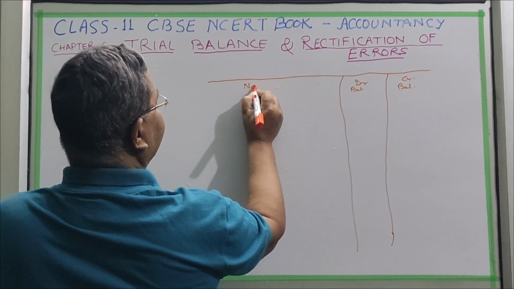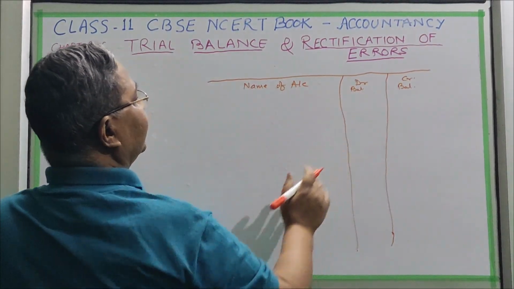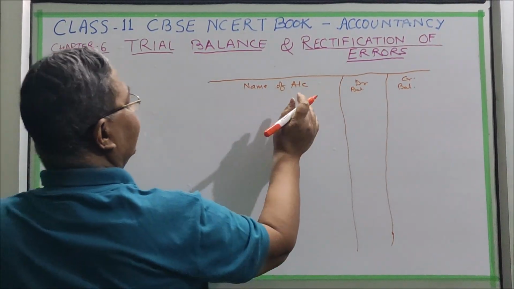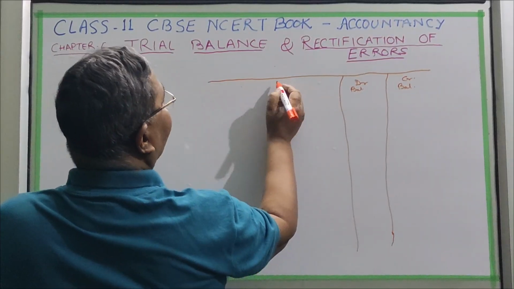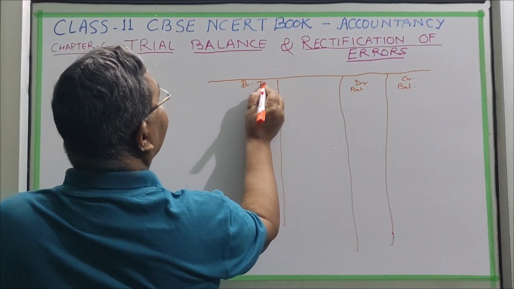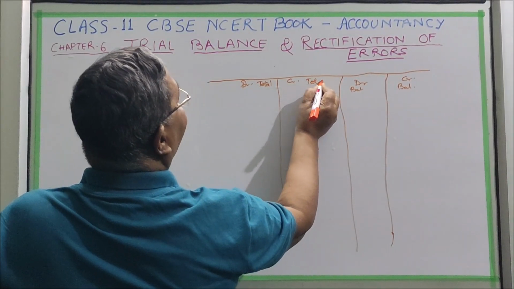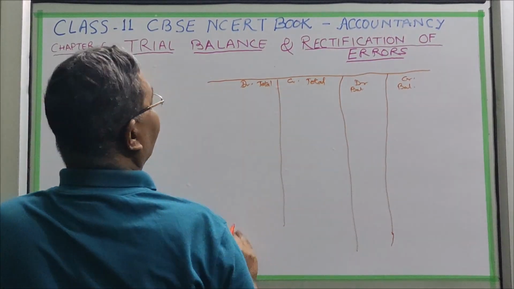Name of account is written here. Usually it is made in this way. Otherwise it can be made like this also. Debit total, credit total of different ledger accounts.